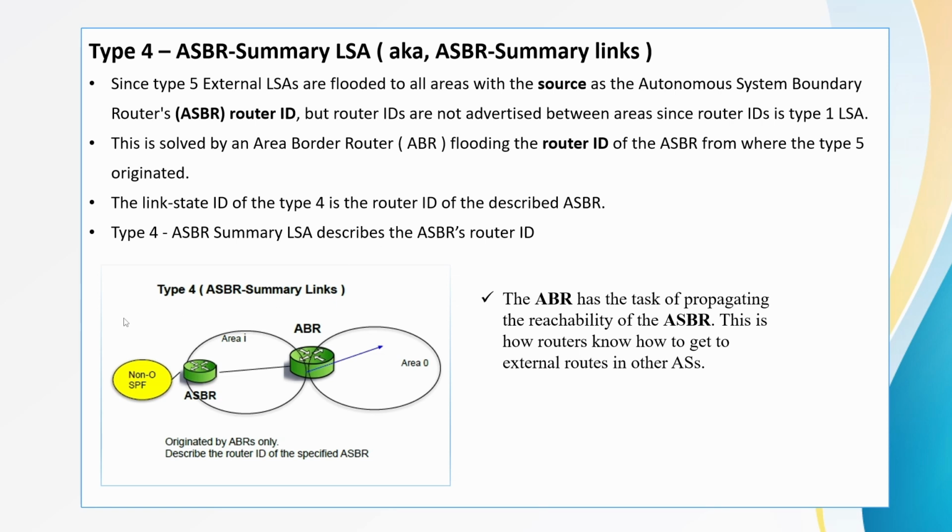So this diagram illustrates this concept. Basically, the ASBR's router ID as a type 1 LSA propagates to the ABR.